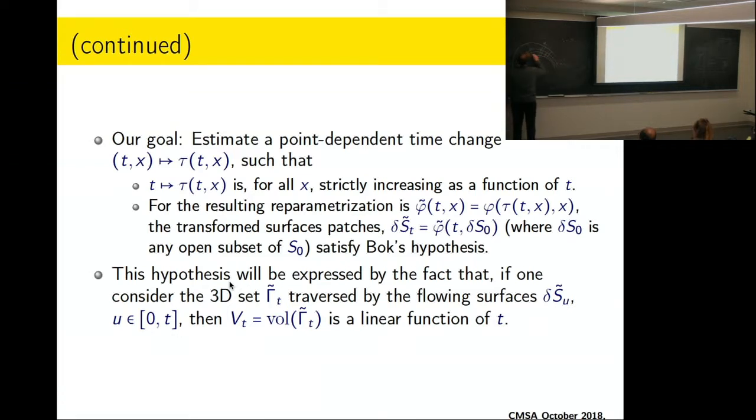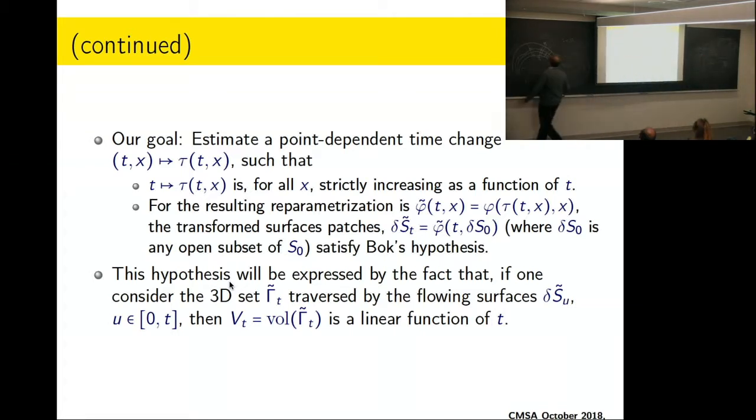So now we have this estimation. We are going to have different speeds at every point, and this is formalized by having a reparametrization just in time of the parametrization, but the time parametrization depends on the point x.